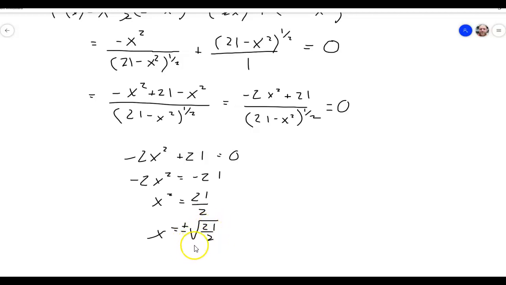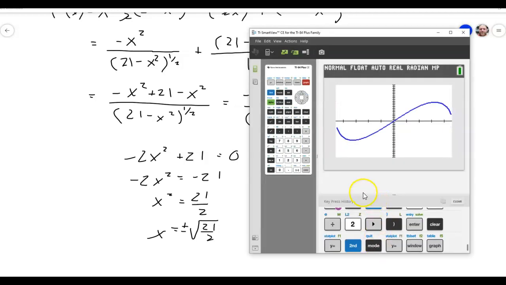So those are my two critical values, and I can tell you right now, since I looked at my graph, with a pretty good amount of certainty that the y value at the top here is going to be at positive square root of 21 over 2, and this bottom value down here is going to be where x is equal to negative square root of 21 over 2. And let's verify that.